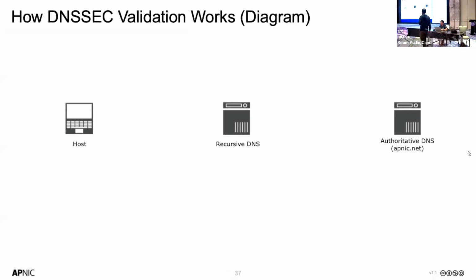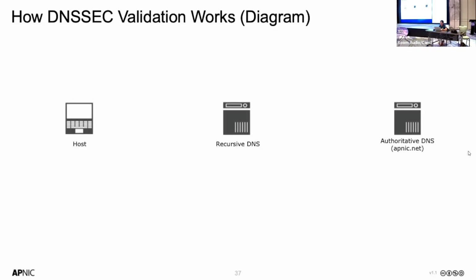So just recall that Shane was showing last time how you do the DNS query to get an IP address against a certain domain name. Now we are doing the same thing here one more time. This time we would like to see how DNSSEC fits in the picture.